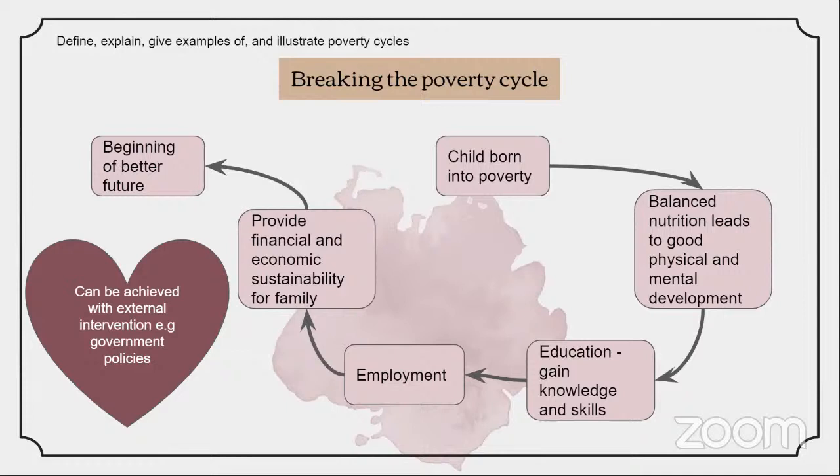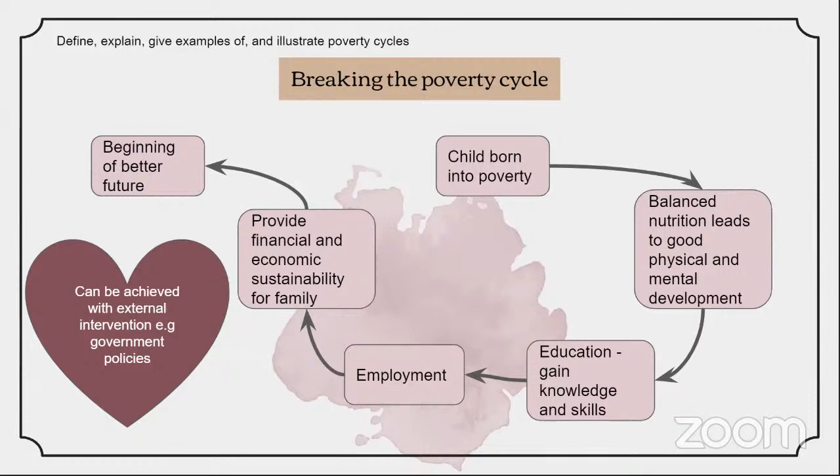If the child has knowledge and skills, it is easier to find employment. So because the child gets a job, the child is employed. Now the child can provide financial and economic sustainability for the family, not only the child's parents, but also the child's future children. So this is the beginning of a better future.